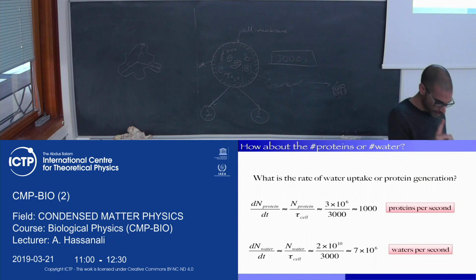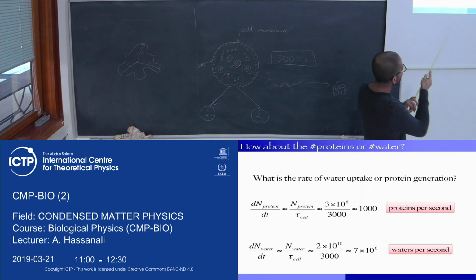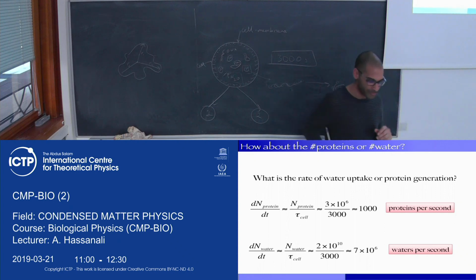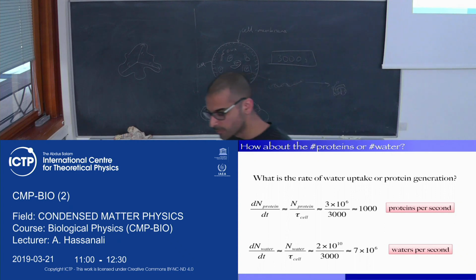Okay. So at least when I saw these numbers, I was quite amazed and surprised at how efficiently the biological machinery works. And so what we want to do is to understand what are the physical driving forces that allow for this type of efficiency.